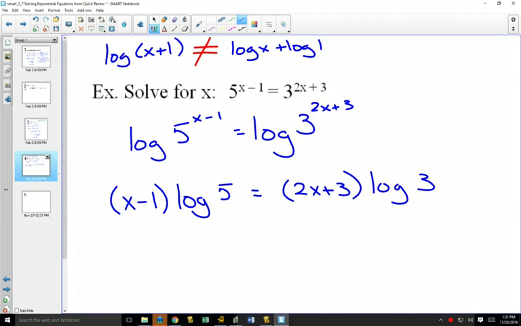No. Log is a function. You can distribute numbers. You can distribute variables because variables are representing a number. You can't distribute a function. Where have we seen this before? Right? Our alpha plus beta formula. We have these huge alpha plus beta formulas. You can't just distribute the sign to each one.